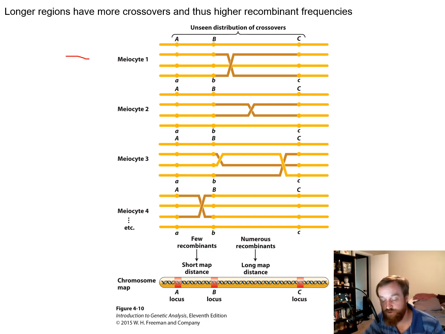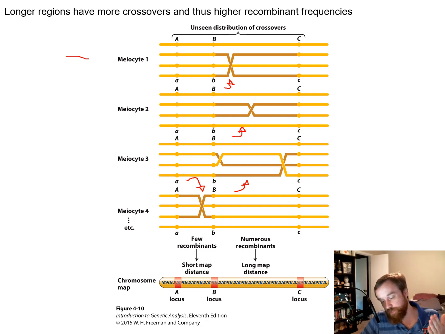In this first example, we have a recombination that occurs between B and C. In the second example, we have another recombination event between B and C, but further down the chromosome. In the third example, we have 2 recombination events between B and C. And in our fourth example here, we have a single recombination event between A and B.